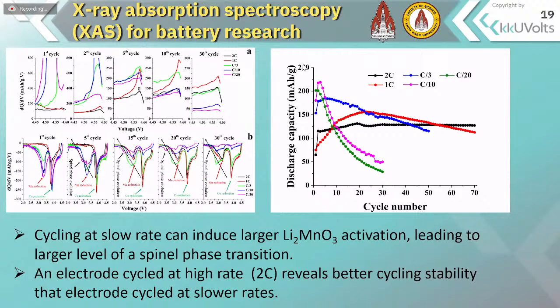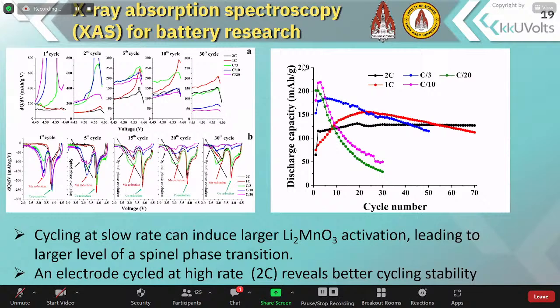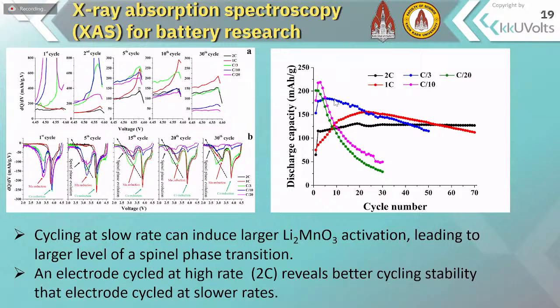This is because a high rate can reduce the lithium manganese oxide activation and retard the manganese phase transition during cycling. This reveals that the electrode material is suitable for high-rate applications, such as electric vehicles.